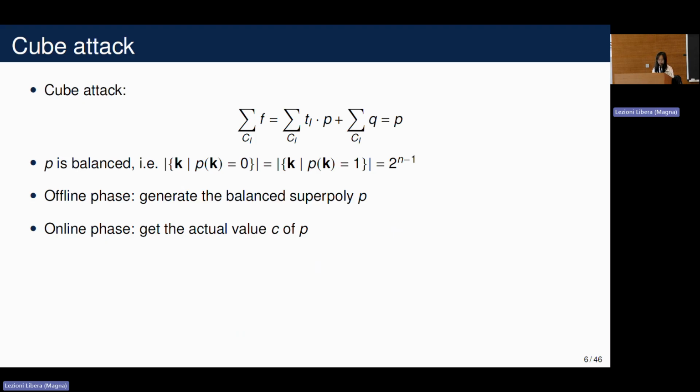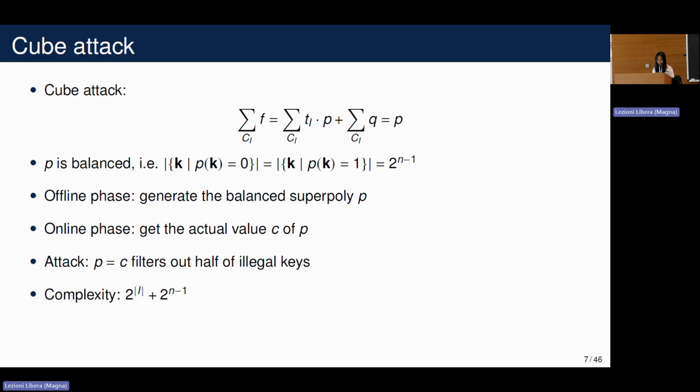P should be balanced. In the offline phase, we generate the polynomial P, and in the online phase, we need to query the oracle many times to get the value of P. Then we can obtain the equations.